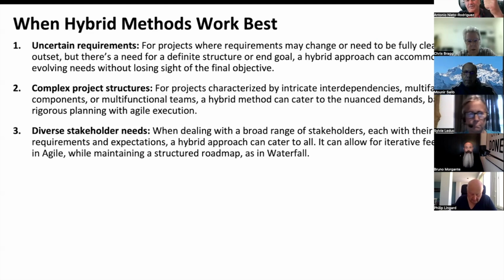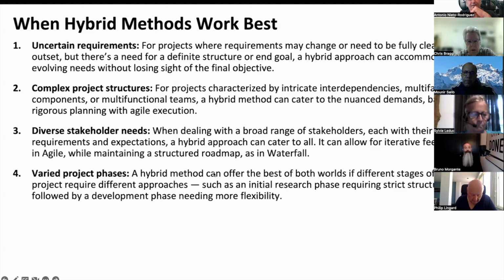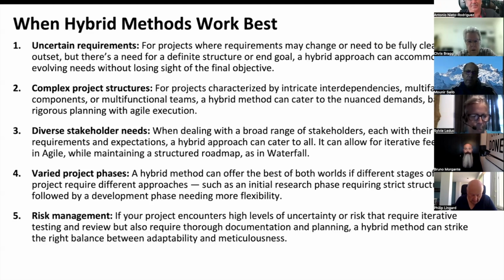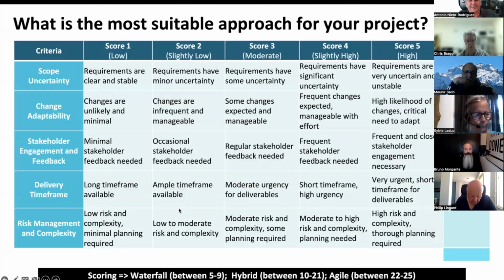The stakeholders being very narrow or broad will have an impact also in the methods. I have 5 criteria. Project phases, is this a long-term or a 6 months type of project? And then the type of uncertainty. It's called risk, but it's more uncertainty.